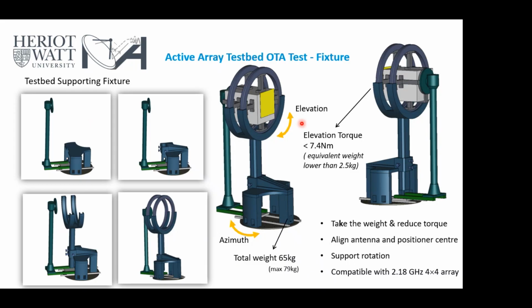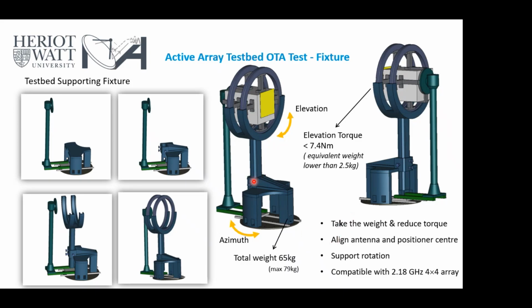And then we add another rotation support, so we reduce the torque, and equivalently, the weight applied to that small plate will be smaller than 2.5 kilograms. And that's for elevation rotation. And then all the weights go down to another plate, that's for azimuth rotation. That plate can take up to 79 kilograms. And in this design, we have only 65 kilograms. So that's compatible with the positioner.